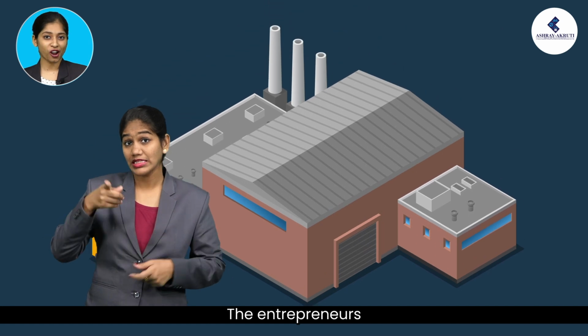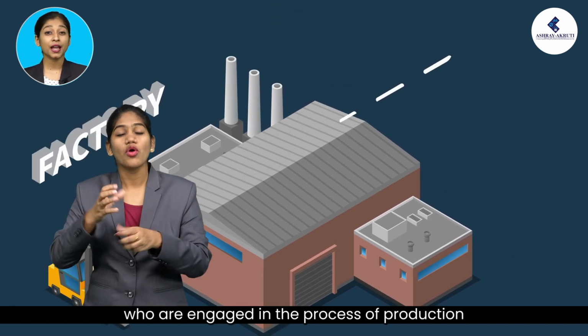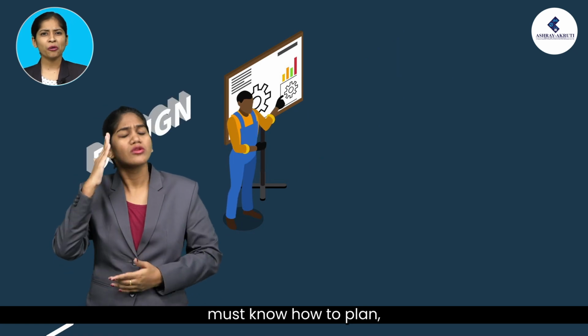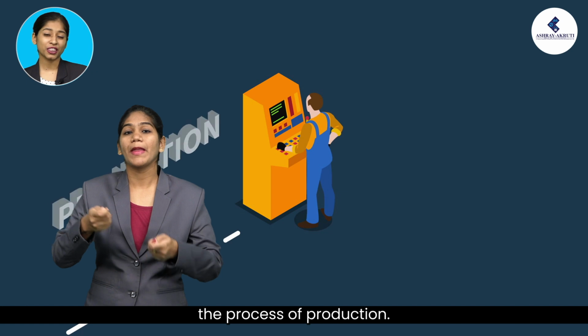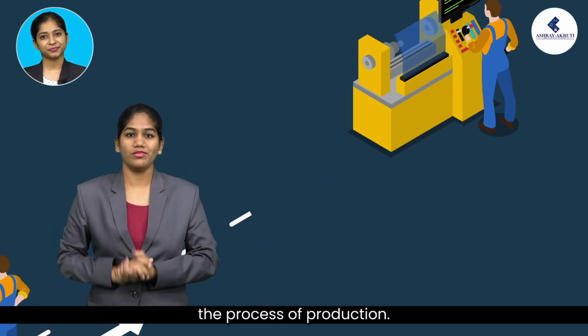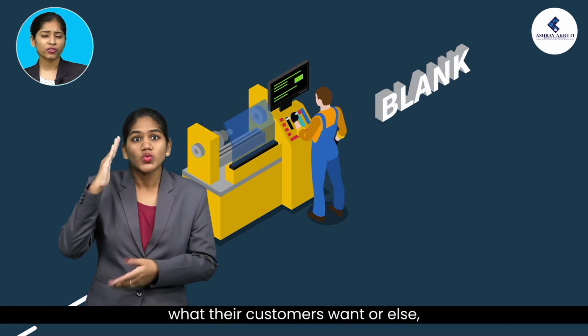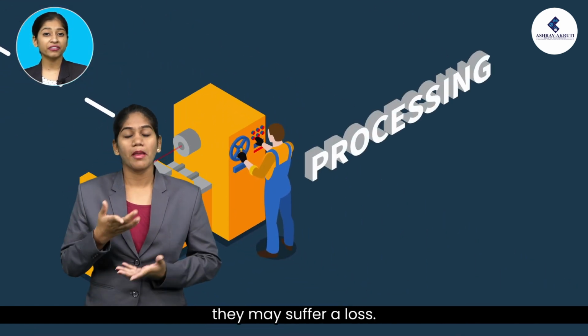The entrepreneurs who are engaged in the process of production must know how to plan, organize, and manage the process of production. They must also know what their customers want, or else they may suffer a loss.